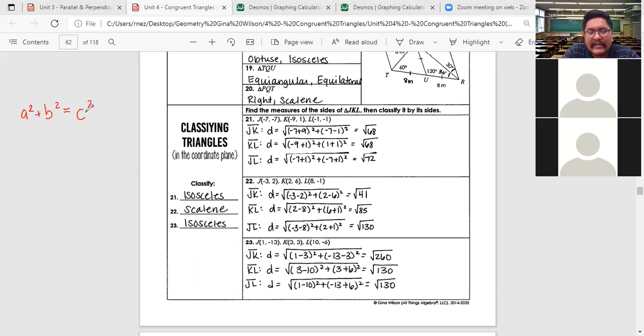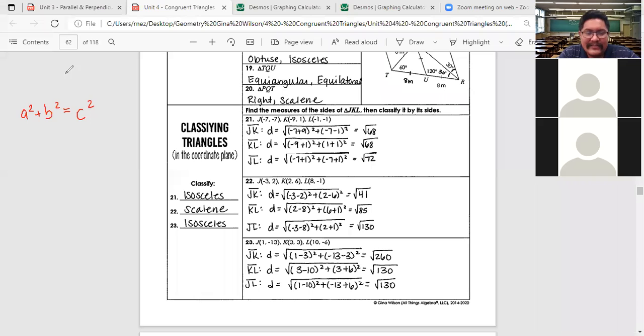You don't need this right now, because the lesson doesn't tell you what the distance formula is. Nowhere in this lesson does it say this is the distance formula, use it. So I'm reminding you how to get it.